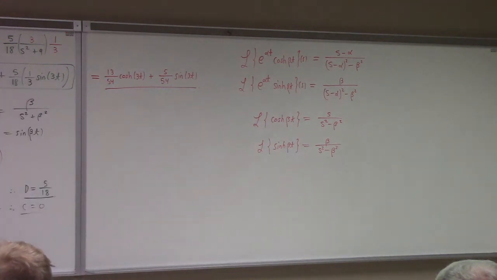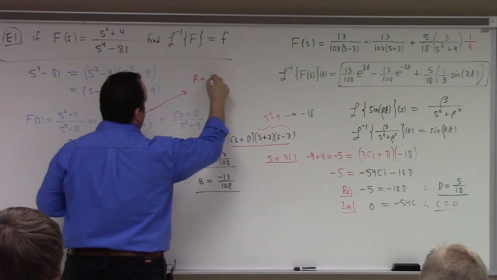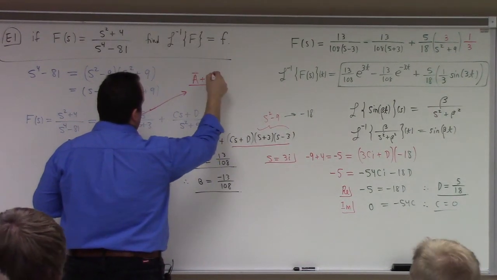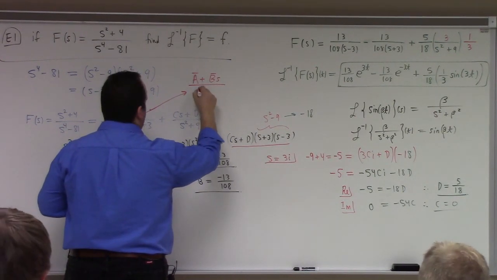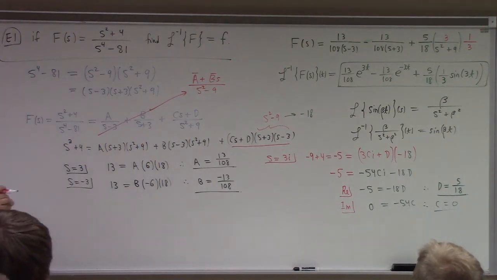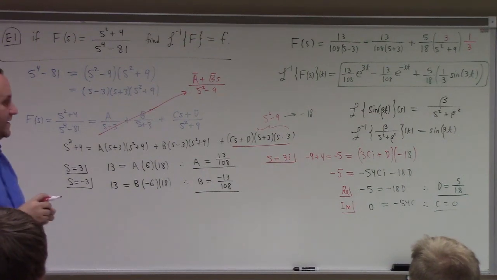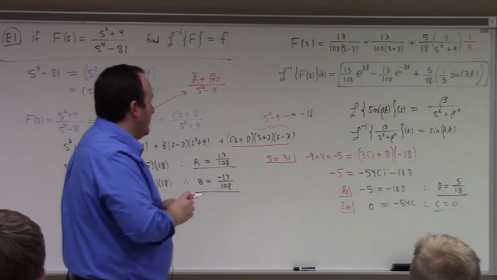But here's another path that you can go down. I could have looked for a partial fractions decomposition. I could have replaced that with something like a plus bs, say a different a and different b, a bar, b bar, over s squared minus 9. If I'd gone down that path, then I could have looked for cosh of 3t and sinh of 3t in the inverse transform. It so happens that a bar is 0 and b bar happens to be 13 over 54, looking at it.